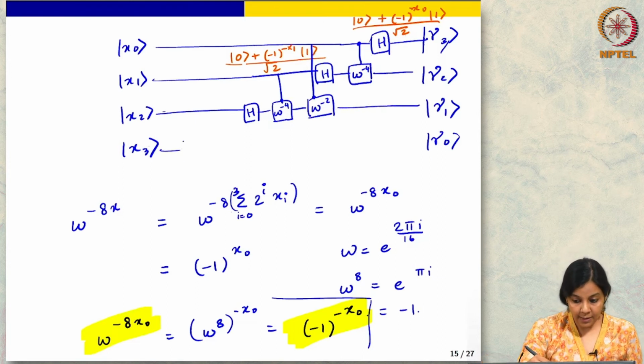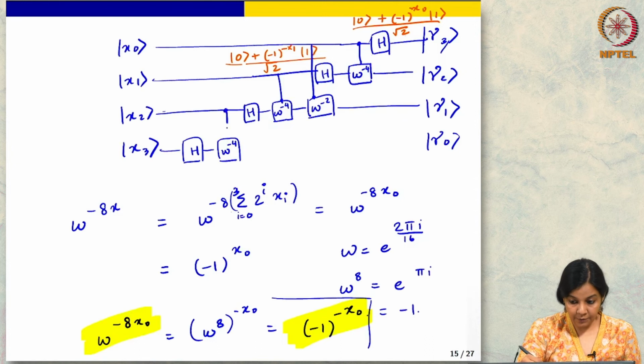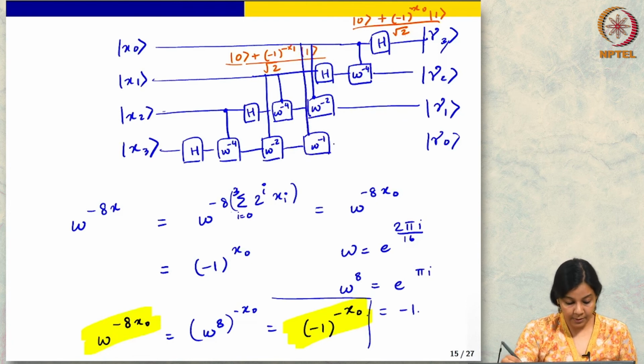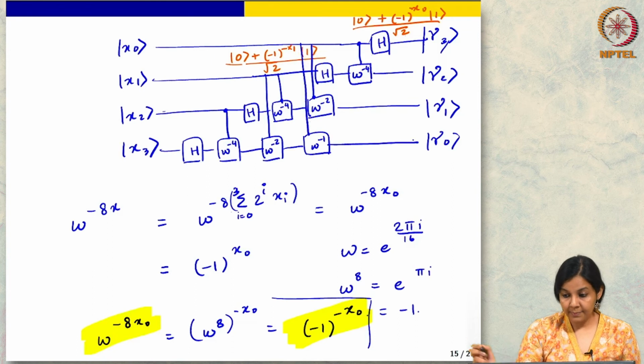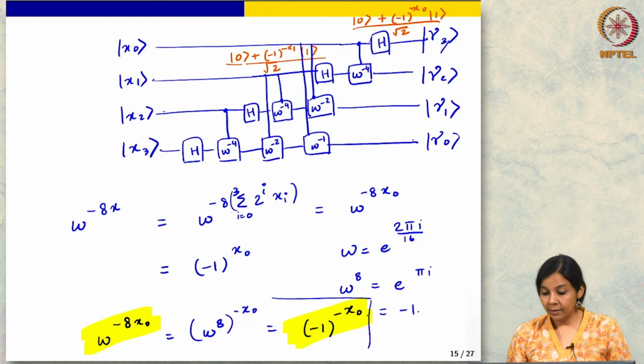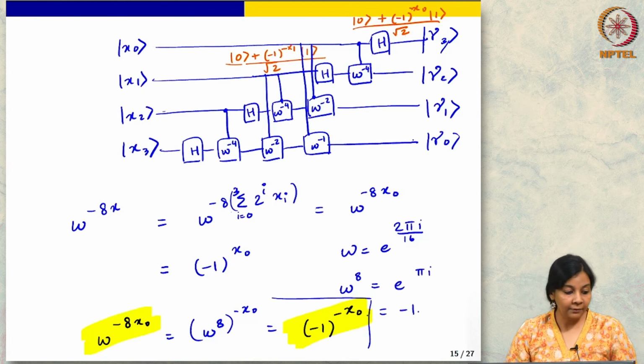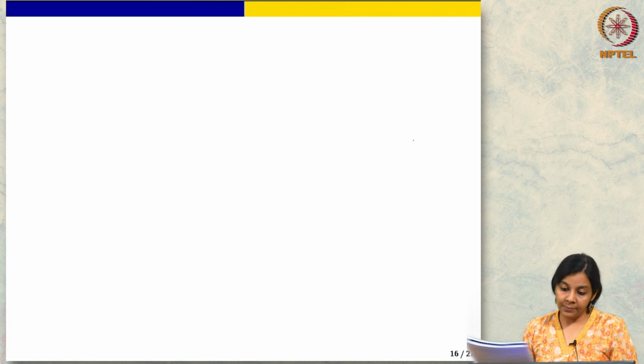And for x3 I will get H, omega to the minus 4 coming from here, omega to the minus 2 coming from here, and then omega to the minus 1 coming from here, and this will give me my gamma 0. I would like you to verify for yourselves the other bits. If you want, I can write them down in any case.